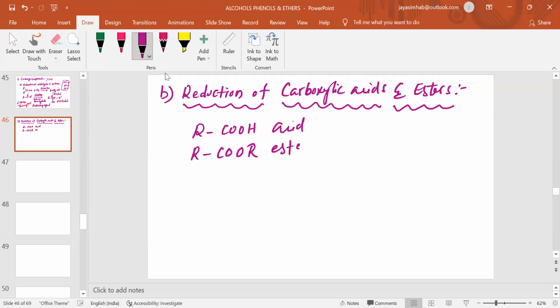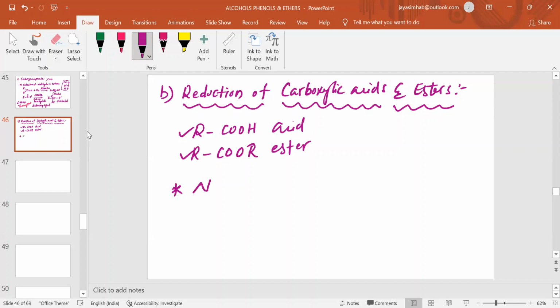This is ester. So generally, the acids and esters cannot be reduced by sodium borohydride. This is the important point we have to note.